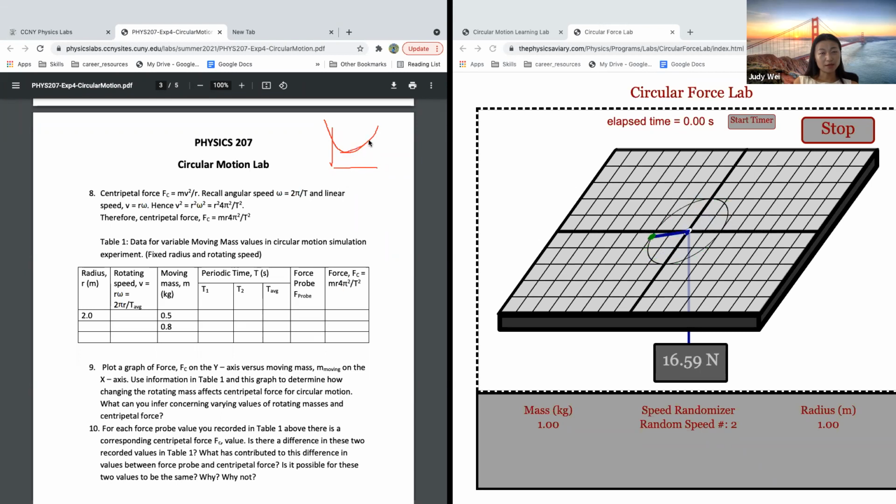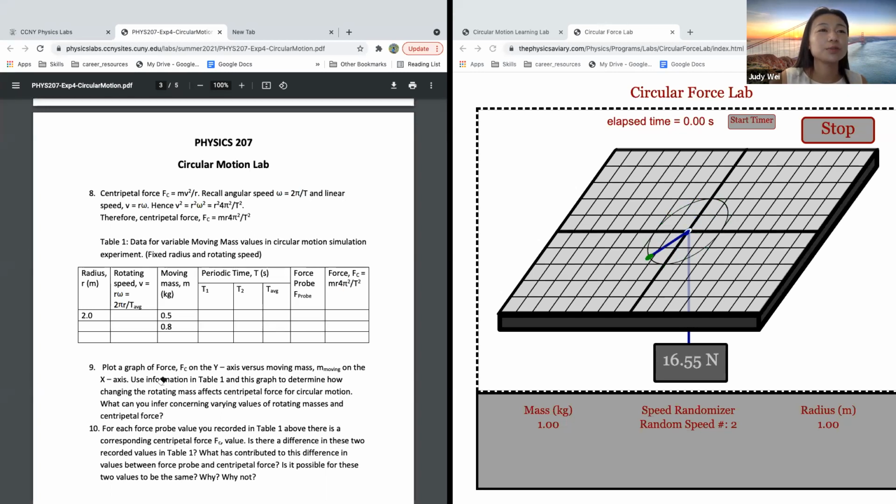So it should be like this. This is the general graph, but you can plot in Excel and then copy and paste your graph here.